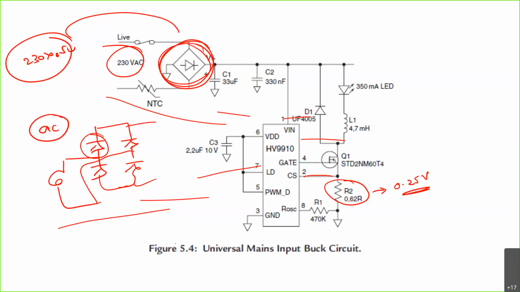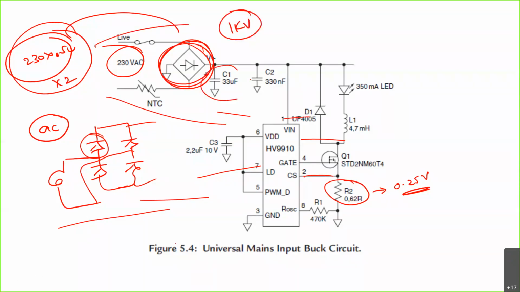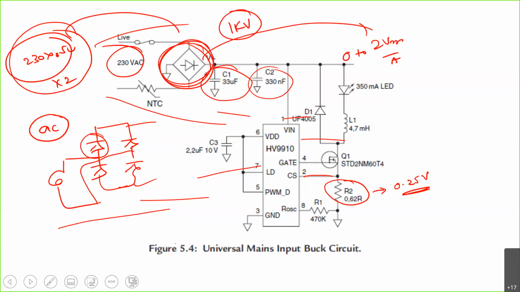The current rating and all the rest of the ratings remain the same, as in the design of this one and this one. So everything remains the same. The only difference is that you are given this rectified output, which may be larger than that. So what is the formula? It will be 2 Vm by pi. It will vary from 0 to 2 Vm by pi, depending on which kind of rectifier we normally use.